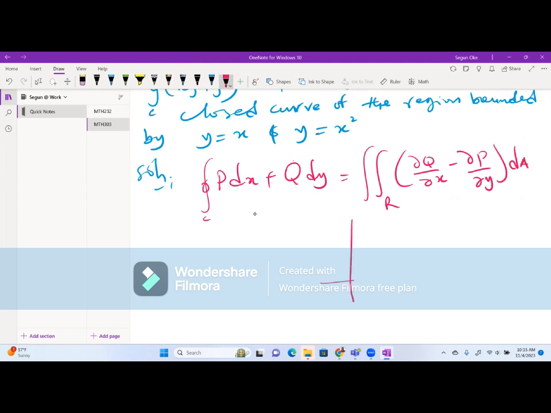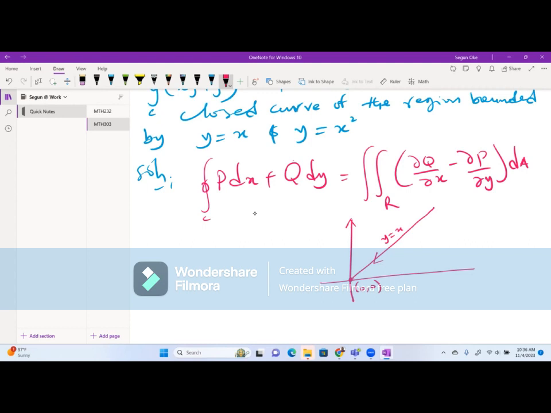So now let's look at this region we are talking about. In this case, we know that this is y equals x. At the initial stage, we have 0, 0.